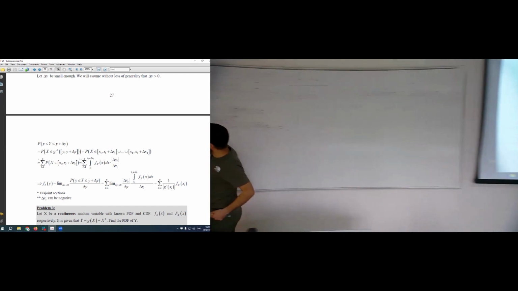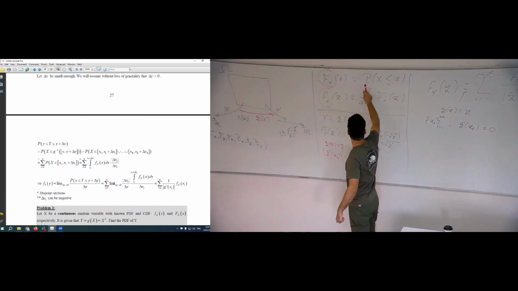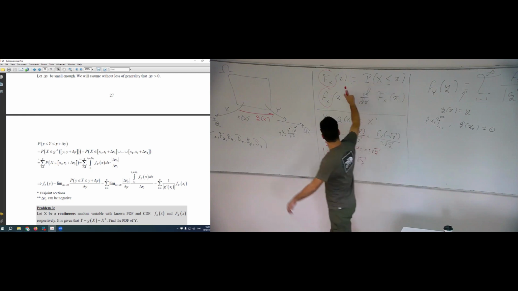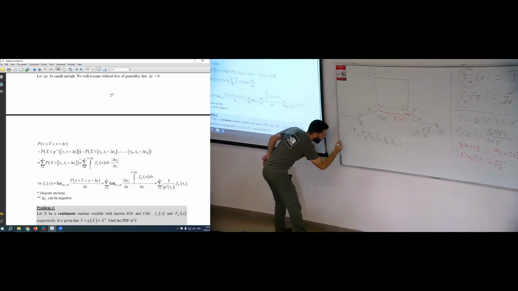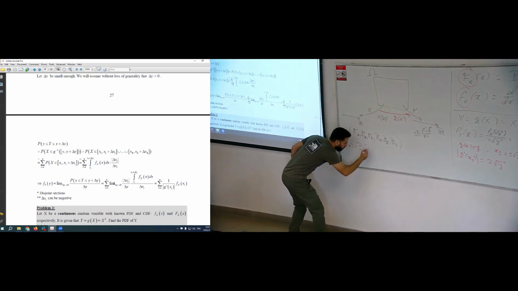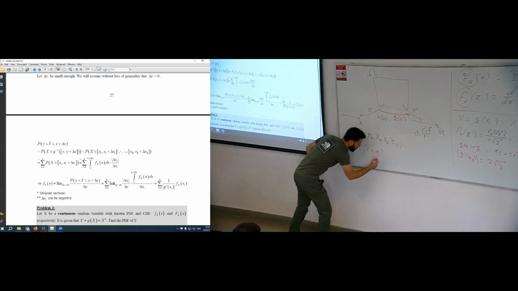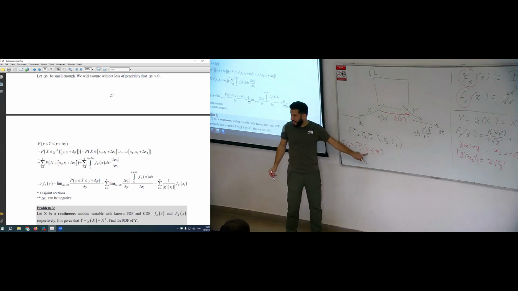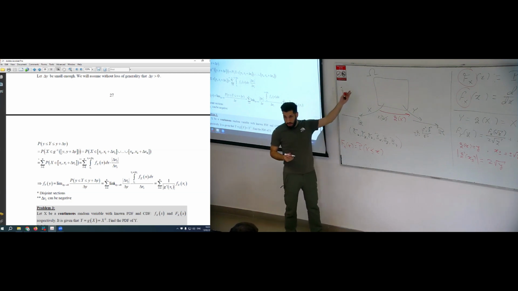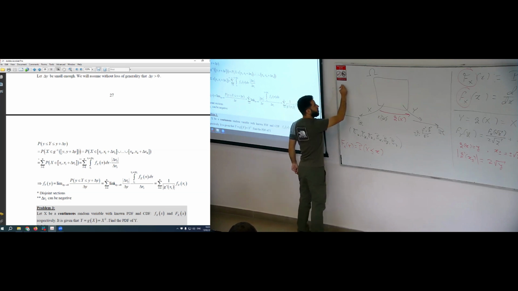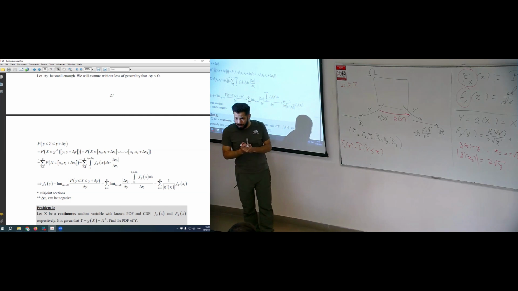Why is this? Because when we say F of x, for example, P of X less than x, what's the meaning of it? By definition, F of x is the probability of X being smaller than x. What's the meaning of this? X is a function on omega. I know that my probability space is omega, F and P, and this P is defined on F, the set of all subsets of omega.